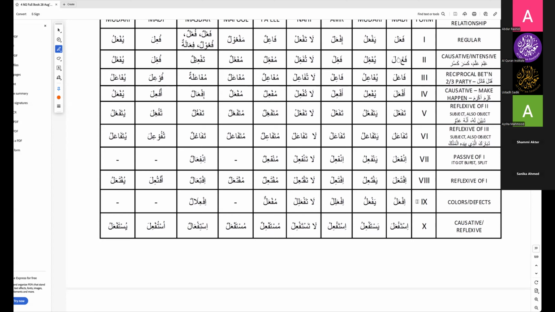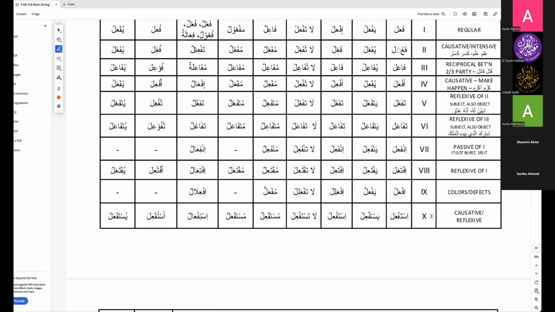Okay. Now, number 9, which is referring to colors or defects. Very rarely used in the Quran, but for information, we need to learn them as well. And here it is, if'alla, yaf'allu, if'alil, la taf'alil, muf'allun, if'ilalun.